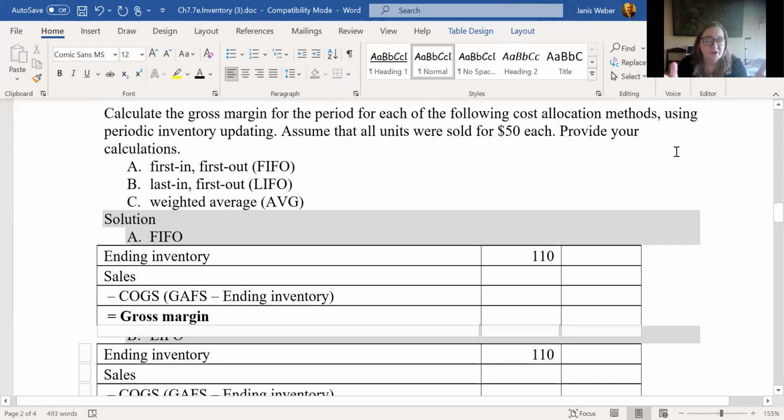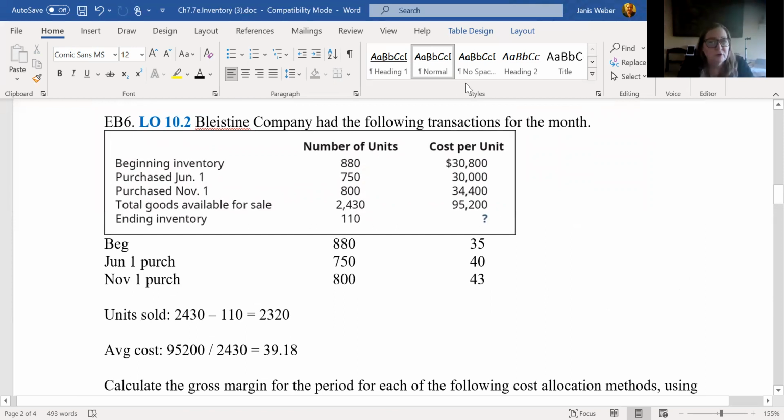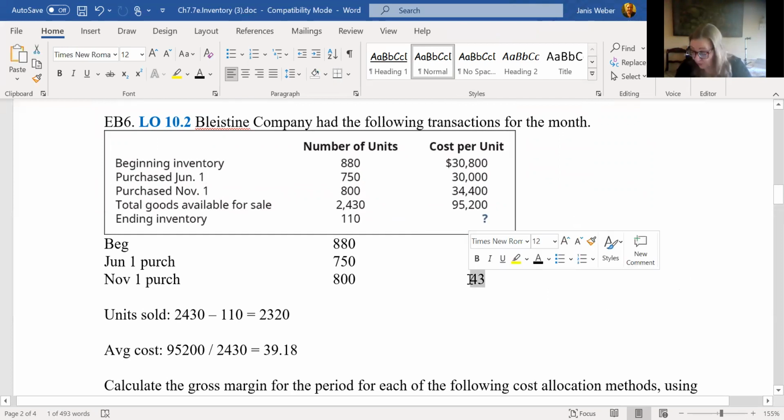So when you look at the periodic method, you just look at what's left to determine the ending inventory. So for FIFO, first in, first out would mean when you sold these goods, you sold the earliest ones first. So the ending inventory would be the most recent purchases that you made. So for FIFO, your ending inventory is going to be this $43 per unit because you bought 800 units right there.